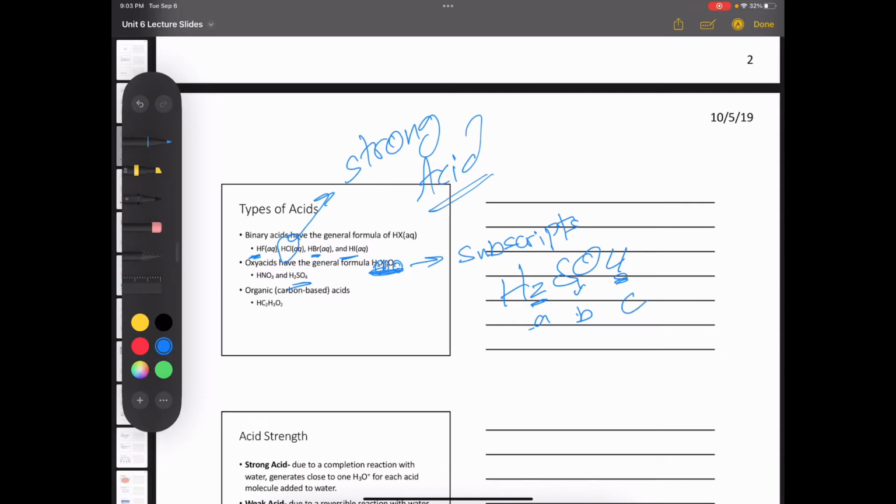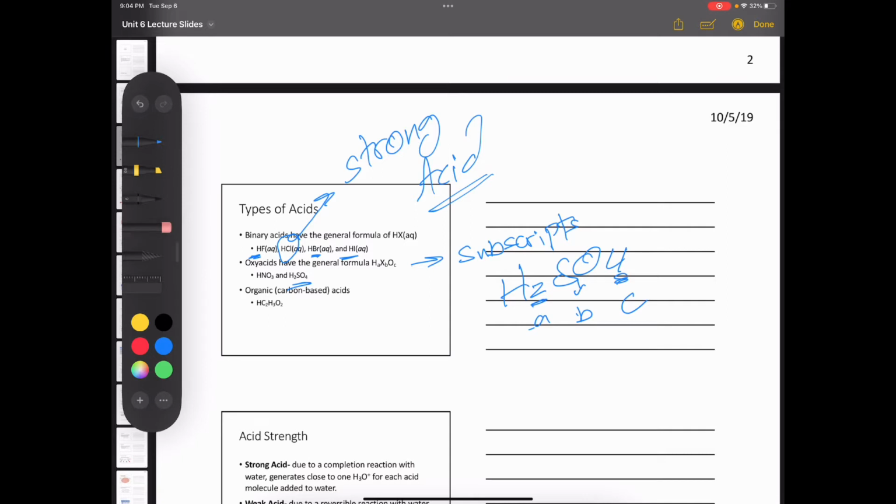So an oxyacid would have a formula of HXO, where X could be any element from the periodic table. That's how you can identify the oxyacid. If you look at a molecular formula for an acid and you see there is a hydrogen, there is oxygen, and there is another element from the periodic table, you would call that an oxyacid.